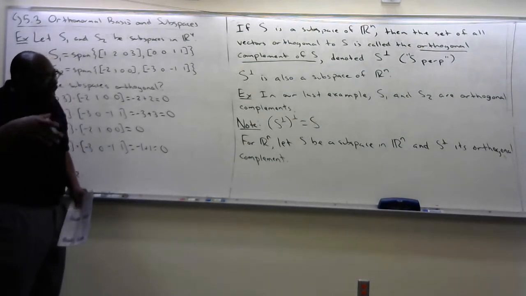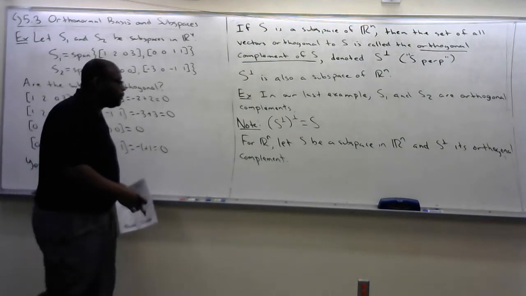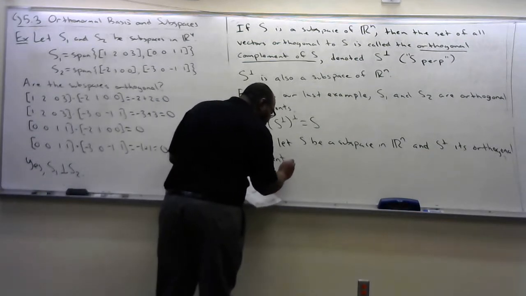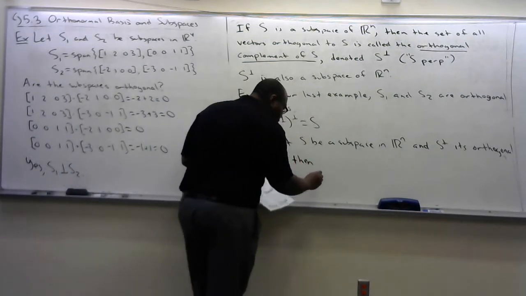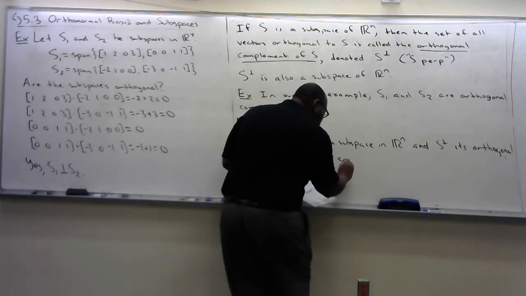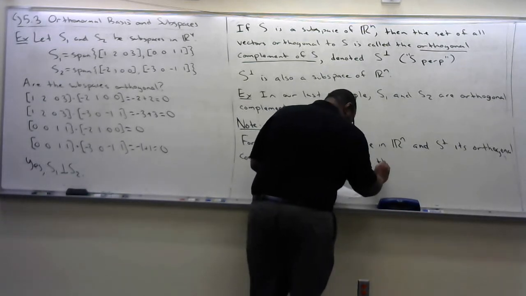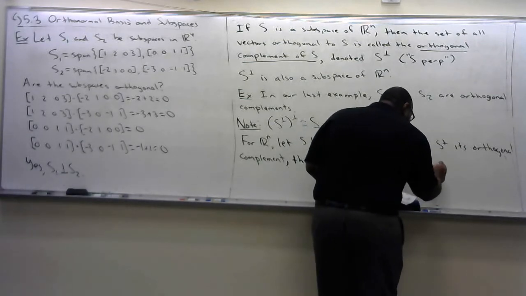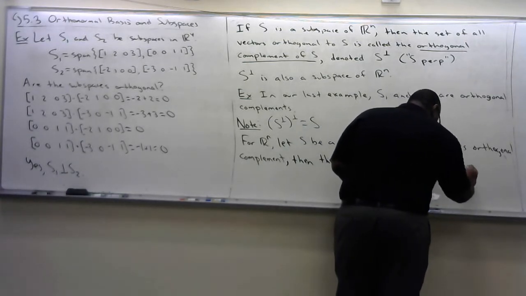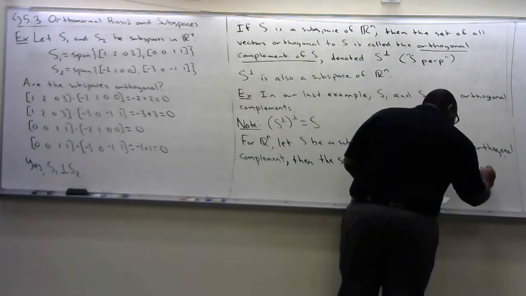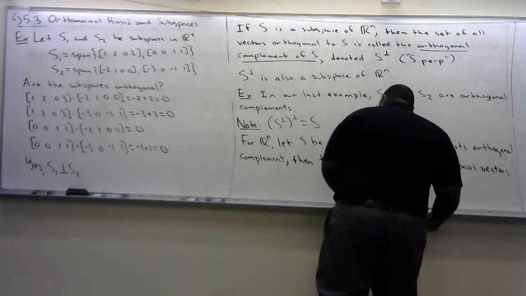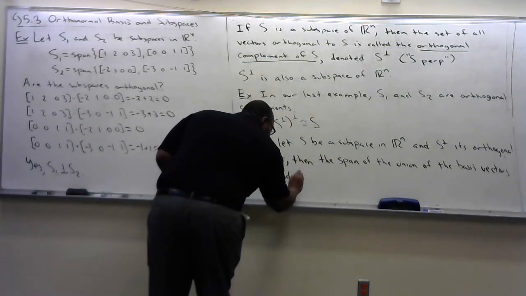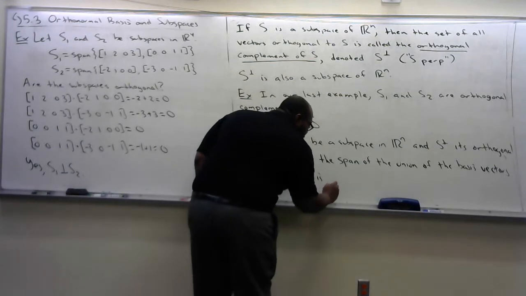Then the span of the union of the basis vectors of S and S perp is Rn.